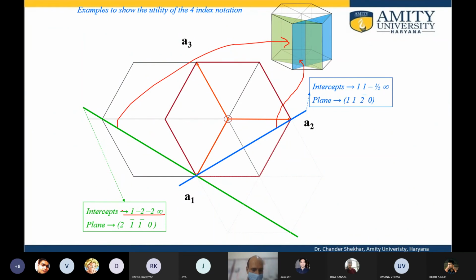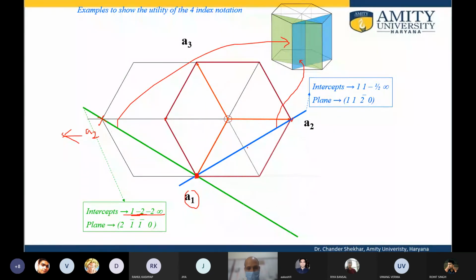So for green, this is 1. The plane represented by the green line intersects A1 at unit edge length, so the intercept is 1. For A2, it doesn't intersect in the positive but in the negative direction, and that too at -2. Okay, so that's the point here.